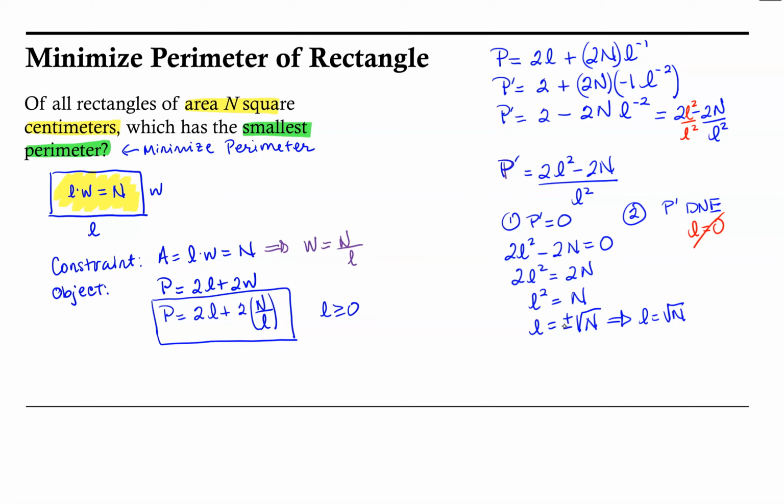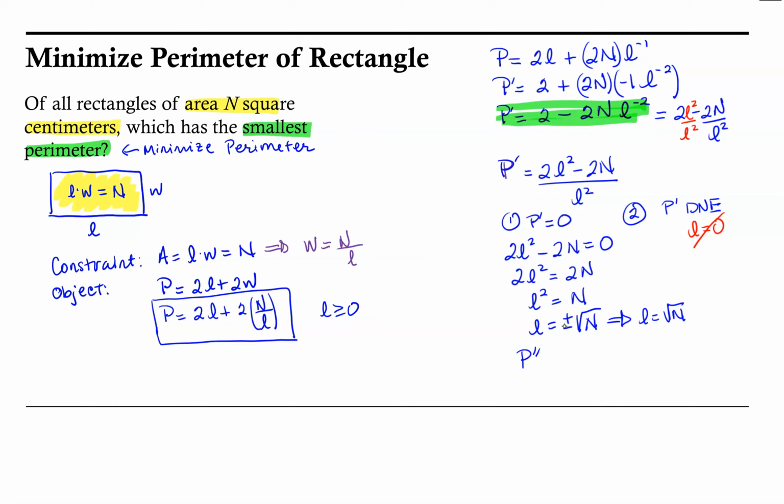We have not yet established that it produces a minimum. So we need to do that. If we come back up here to our first derivative, we can see that finding the second derivative of that function is not too difficult, and we could use the second derivative test to demonstrate that we have a minimum.